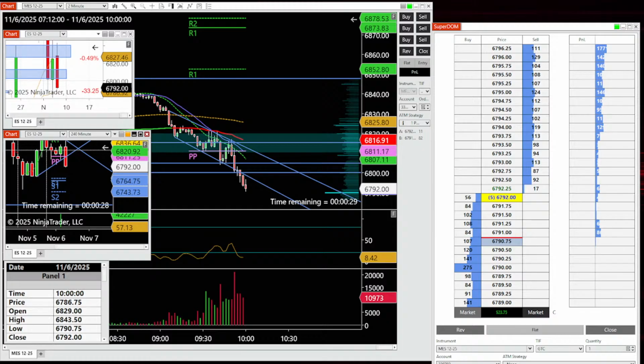The majority of the move is being made by the first 4-hour bar today.